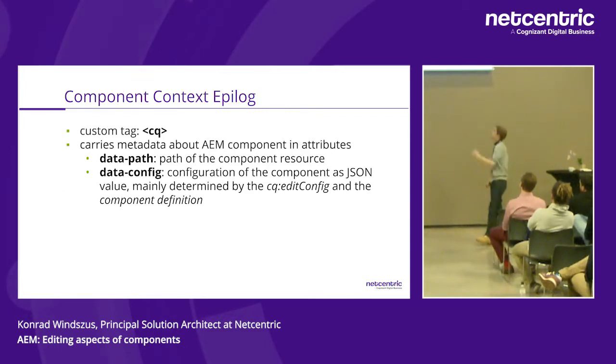Finally, coming to the component context epilog, although this is the crucial part, it's actually very simple how it is constructed. It is a custom element named CQ, and it contains 2 different attributes. One attribute encodes what the actual path in the repository is that you want to edit whenever you touch something about this component, and which is also used as a basis for rendering, so really the context of this component.